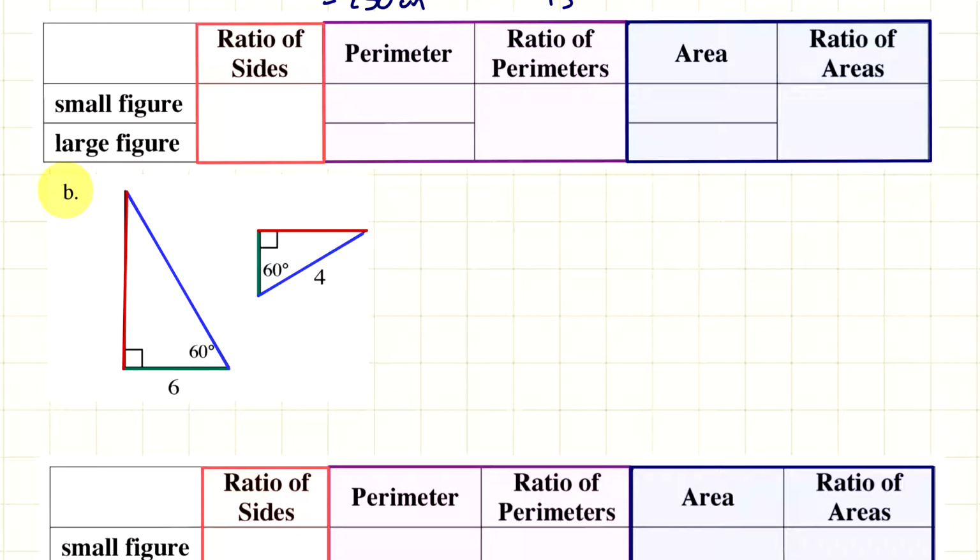We see the 60-degree angle, which means we have 30, 60, 90. I've already highlighted the sides with colors so you can see which ones are corresponding. You'll notice that we only have one measurement given in both of these, but because it's a 30, 60, 90 triangle, we should be able to calculate the missing sides of both triangles.